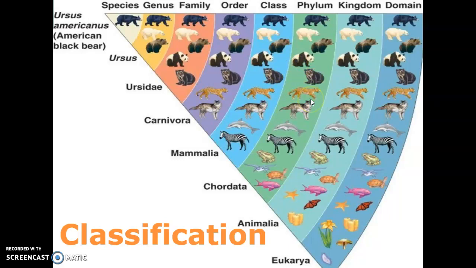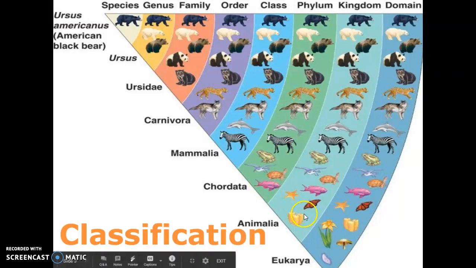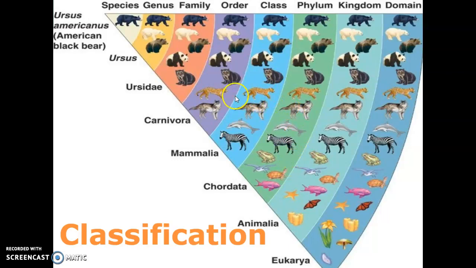So when we're talking about chordates, we're talking about having that dorsal nerve cord, phylum of chordates. So there goes the sponges and the butterflies, they're gone. Moving down to the mammals, so giving birth to live young. So goodbye, fish. Oh, there go our frogs. Then Carnivora.